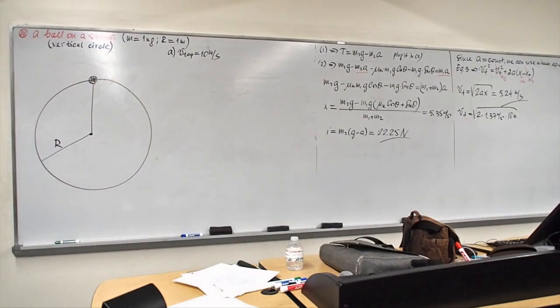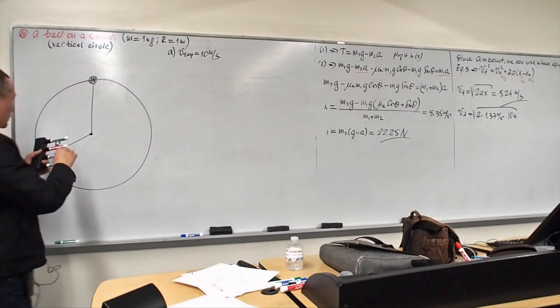What's the name of that velocity? How do we call it? Tangential. Tangential velocity. When we have circular motion, there's only one linear velocity in this case: tangential.